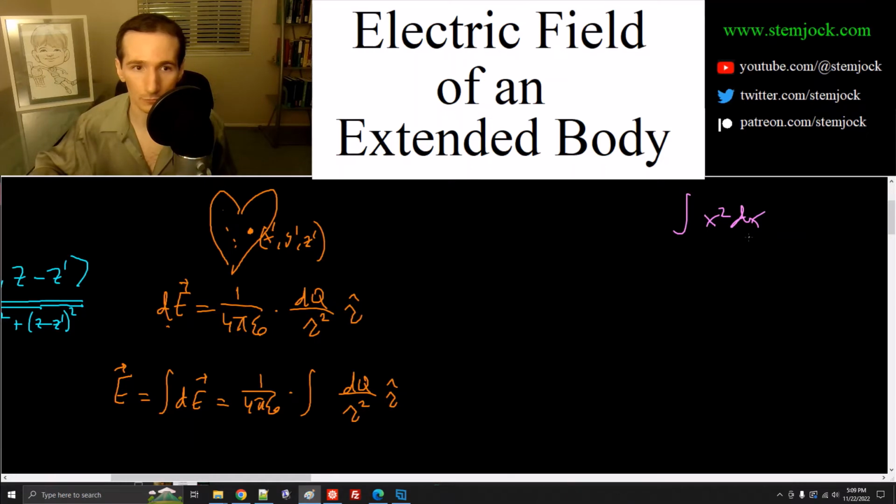Whereas in the integrals that we're used to from calculus, x is a geometrical quantity. It is a distance in space. So what we have to do is write dq in terms of geometrical quantities, and we do that by using density, charge density in this context.